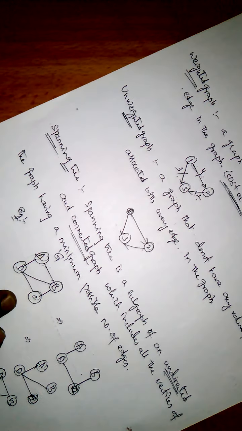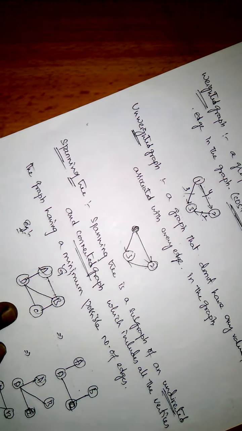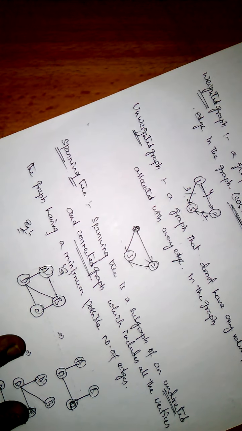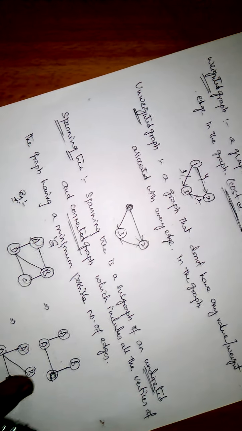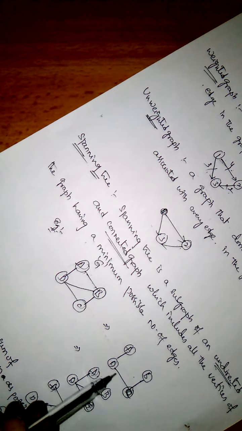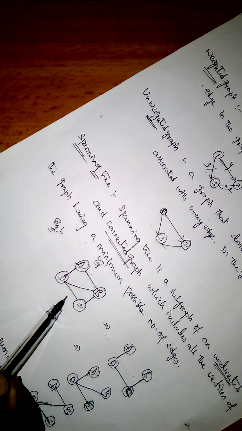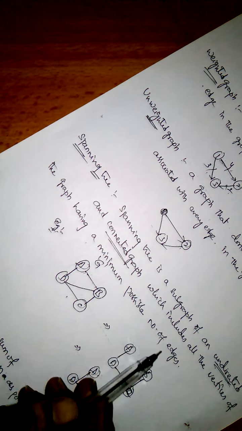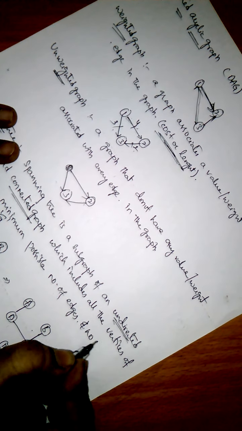If we draw such a subgraph for an undirected graph, then it is called a spanning tree. It should be undirected and connected, which includes all the vertices of the graph and the minimum number of possible edges and no cycle. Then it is called a minimal spanning tree.